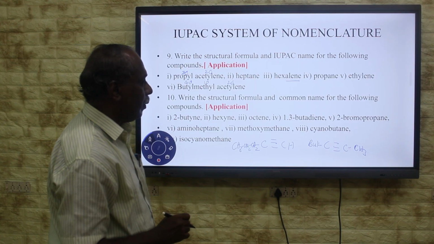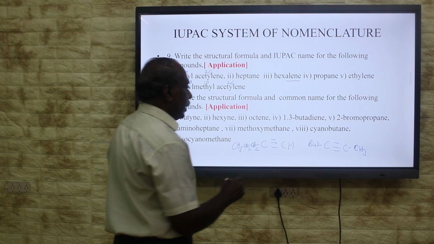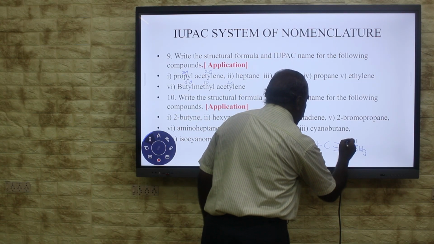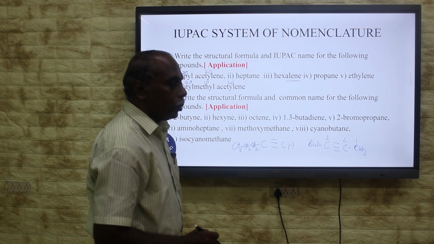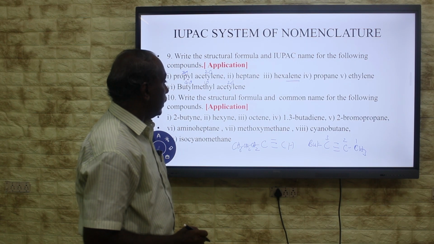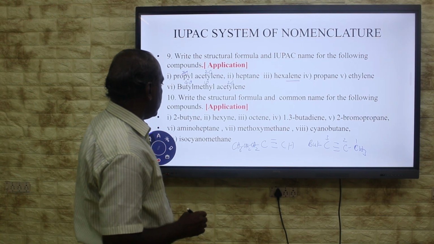Before giving the name, you should number the carbon atoms. Here the triple bond is present at the second and third carbon. Hept-2-yne is the IUPAC name of this compound.